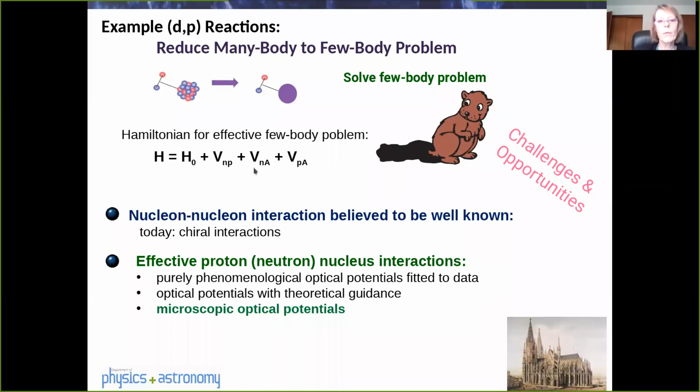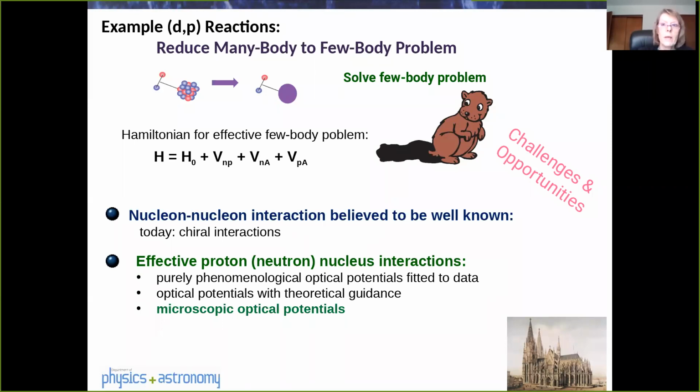Now if we talk about interactions and really question what we are doing, we believe today that the nucleon-nucleon interaction is well known. Today we're using chiral interactions of different flavors, different renormalization, but we think we have this under control. But then the effective proton or neutron nucleus interaction is on a much less theoretically secured footing and not as developed as the nucleon-nucleon interaction.